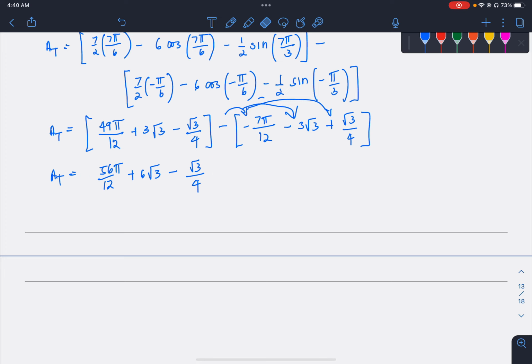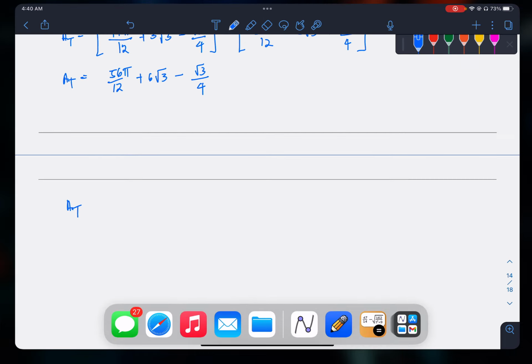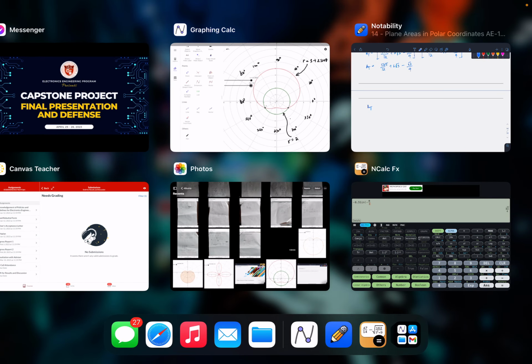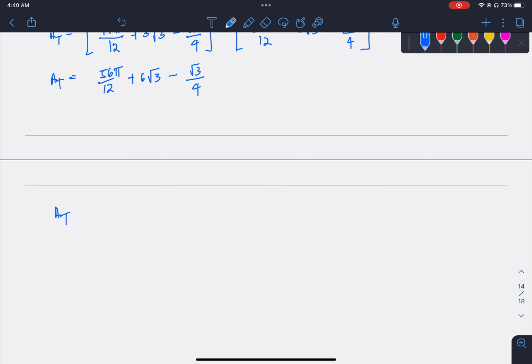And then I can simplify. So what's the simplified version of 56 over 12? We'll have 14 over 3 pi.